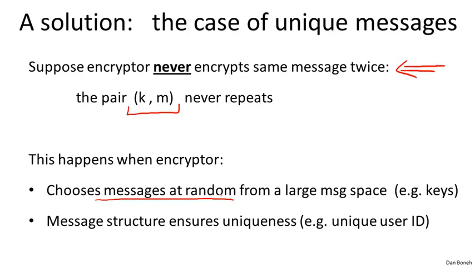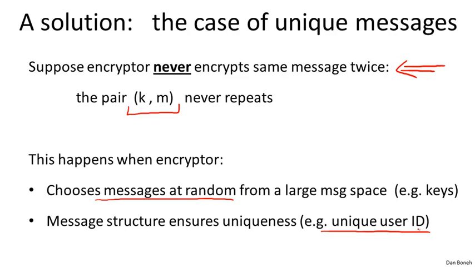The other reason why messages would never repeat is simply because of some structure in the message space. For example, if all we're encrypting are unique user IDs, so imagine in the database example, the index corresponds to a unique user ID, and if there's exactly one record in the database for each user, that says that every encrypted record basically contains an encrypted index where the index is distinct for all records in the database.